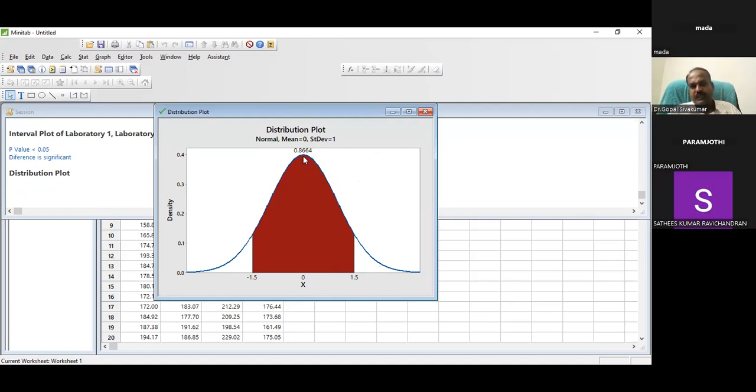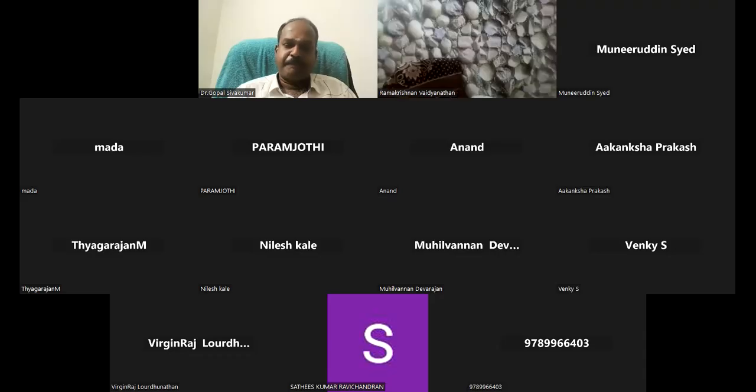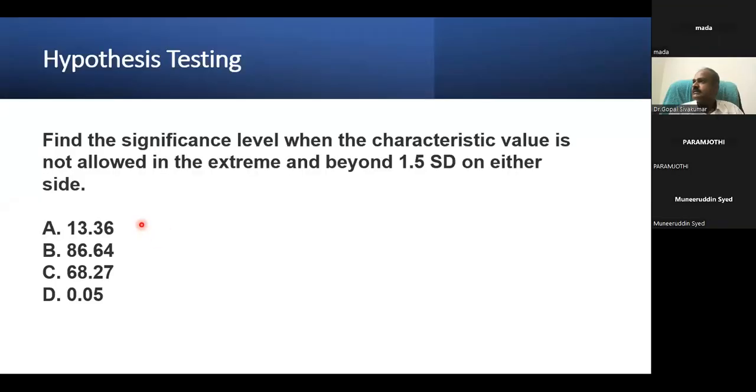So what is the rest of the area? 86 is acceptable, which means 13.36%. 13.36% is the significant area. Can you see 13.36?